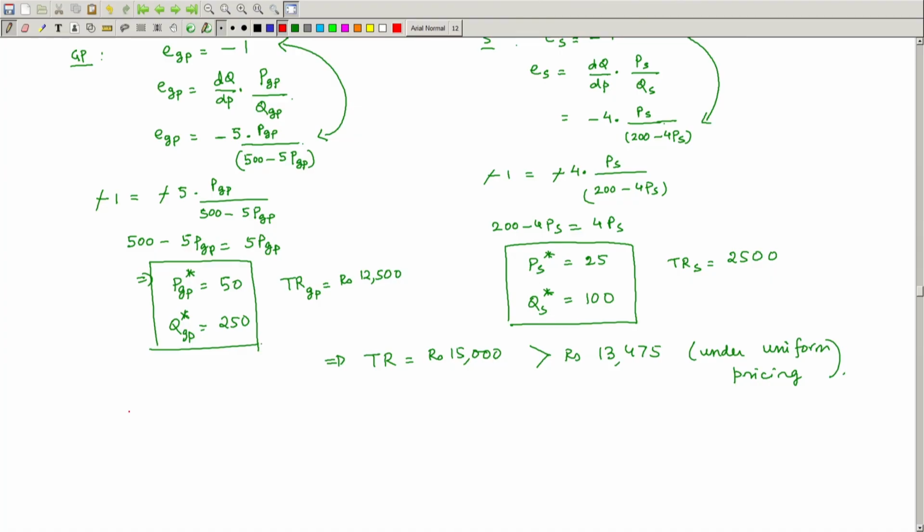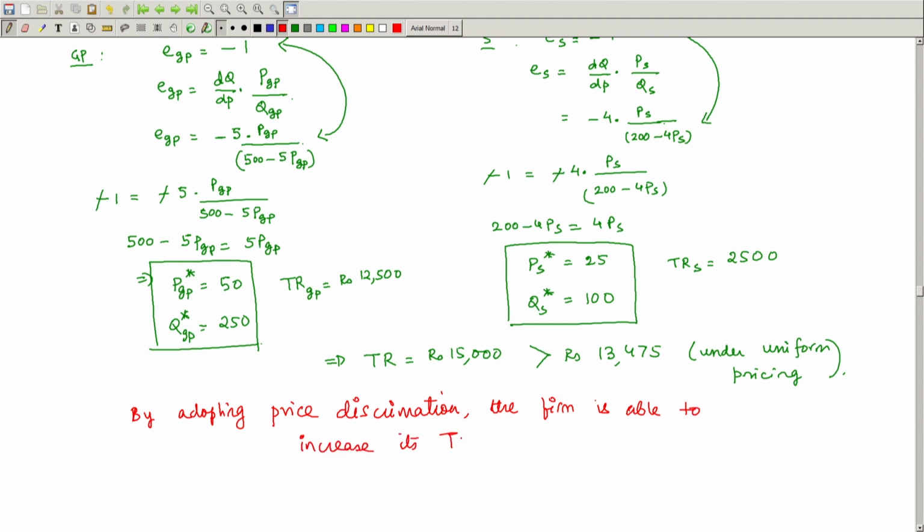We will talk more about price discrimination later in the course, but since it has come up, I will just mention that by adopting price discrimination, the firm has been able to increase its revenue. So, by adopting price discrimination, the firm is able to increase its total revenue.